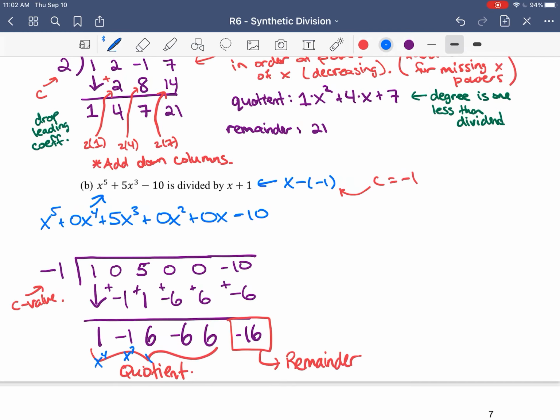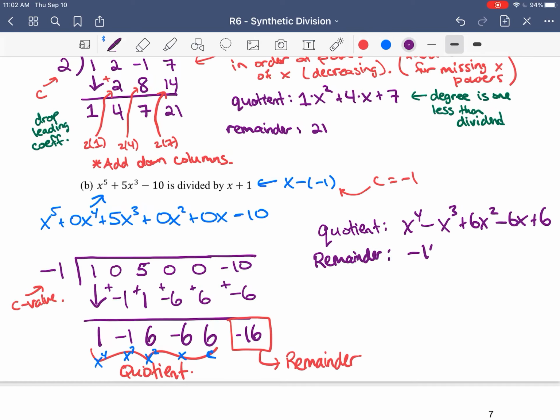We have an x to the 3, x to the 2, x, and then the constant term. That means our quotient here is x to the 4 minus x to the 3 plus 6x squared minus 6x plus 6, and our remainder is negative 16.